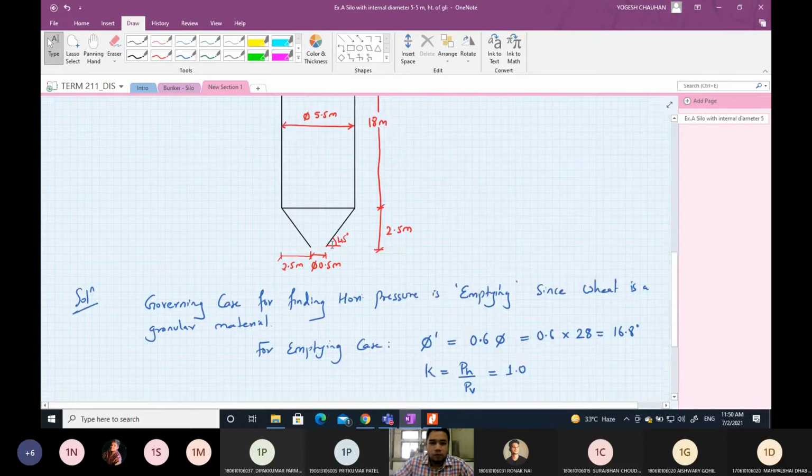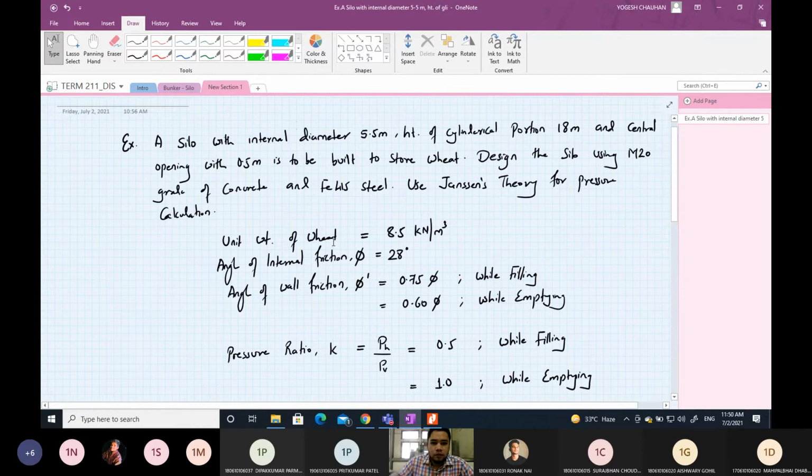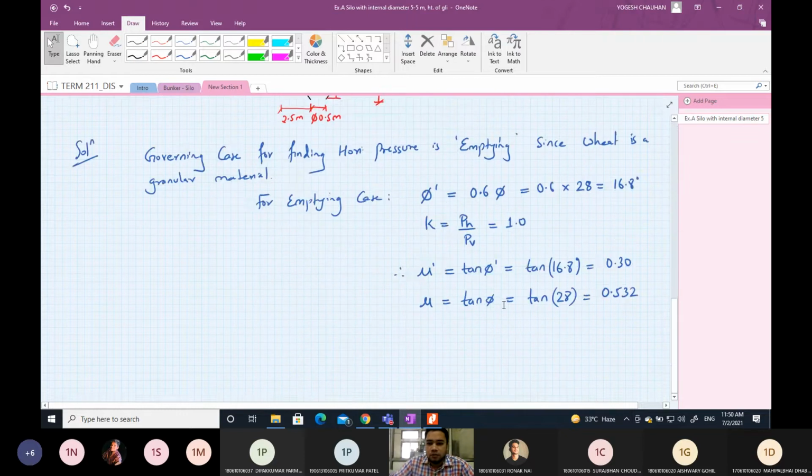Now the unit weight of the wheat material is 8.5. We call this as gamma. So we have the value of gamma 8.5 kilonewton per meter cube.